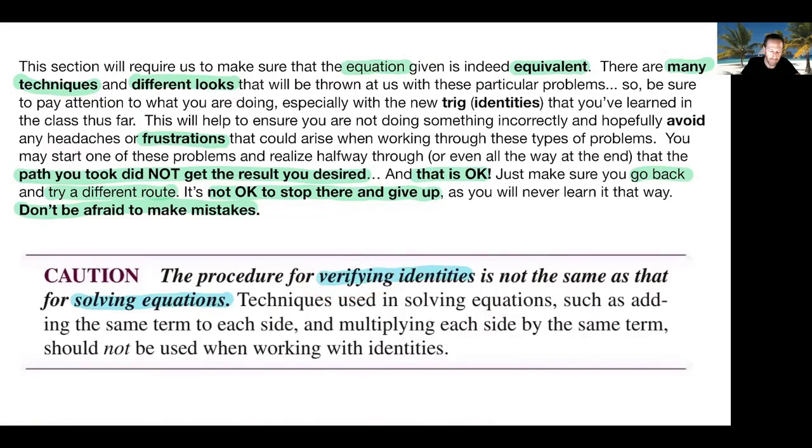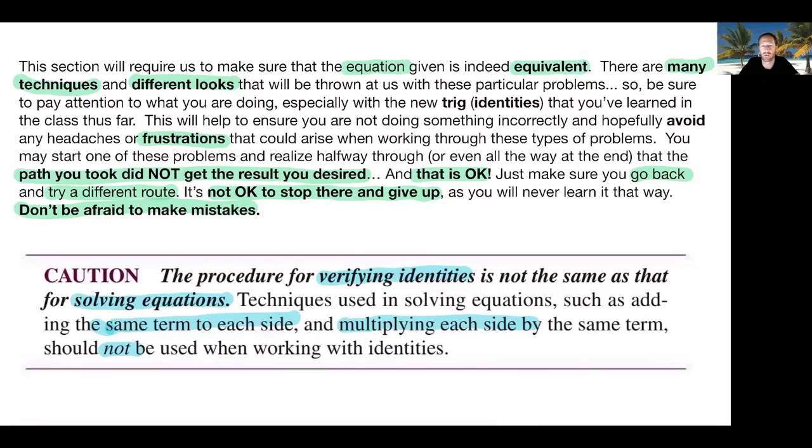Okay, so a few other things I wanted to mention: in solving equations, we oftentimes will add something to both sides or subtract, multiply, divide. We're not going to be doing that when working with one side, because if you do that, you're already saying that they are equivalent. So for us to be able to prove that one side is identical to the other, we have to work with just one side, okay?